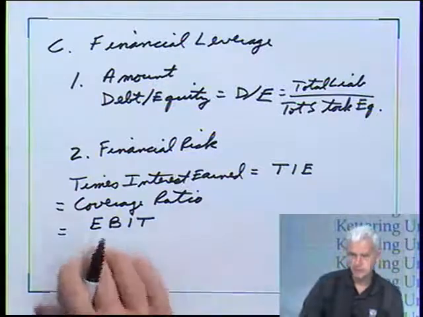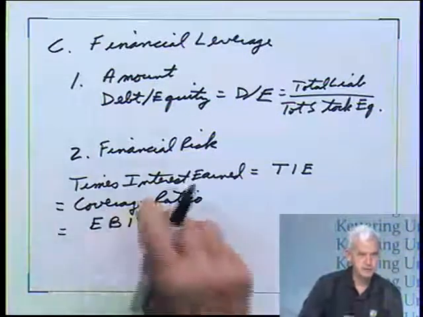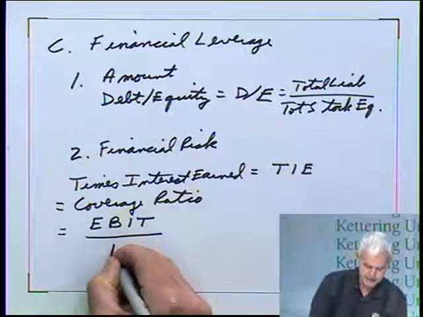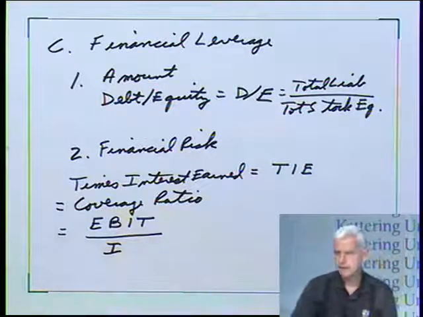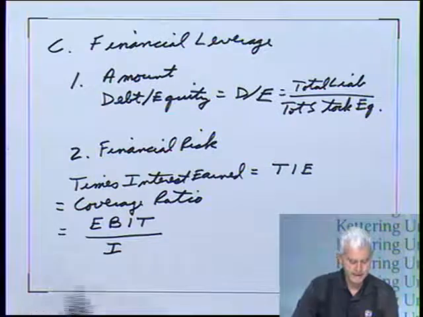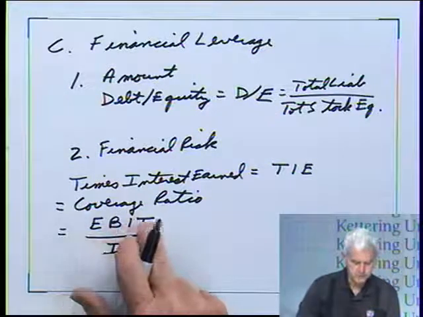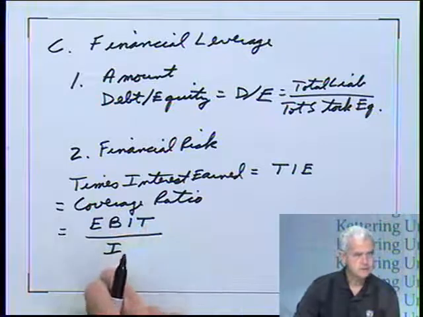So I'm just going to write EBIT, and everybody knows to write down earnings before interest and taxes, divided by I, where I is the same I. So if this is earnings before interest and taxes, this is interest.